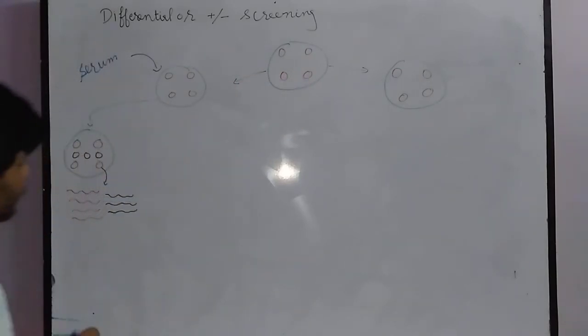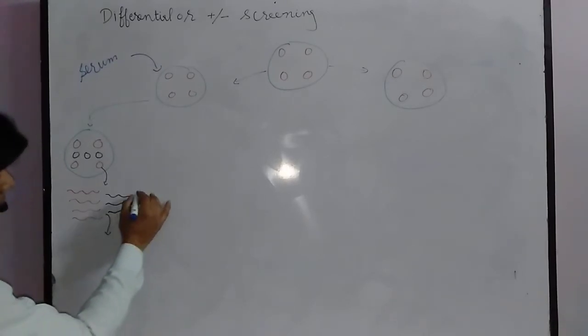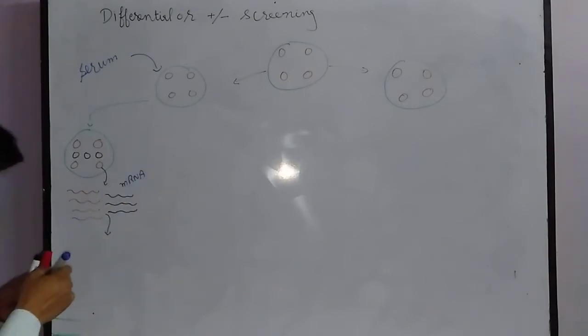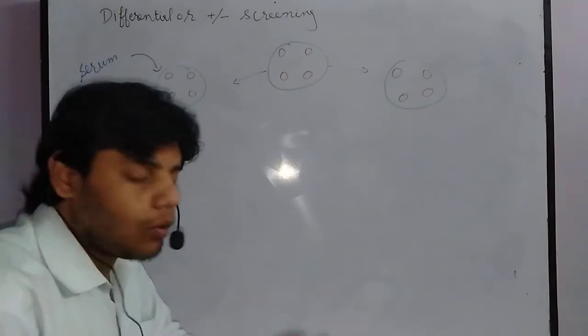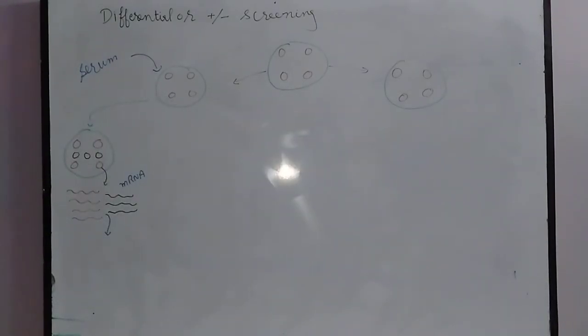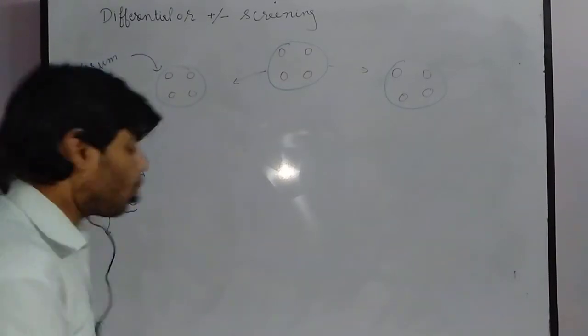After that, we will put all these messenger RNA into the oligo-dT column.